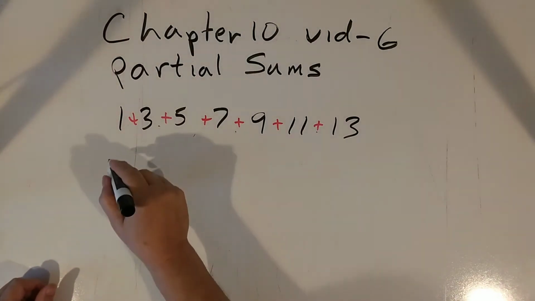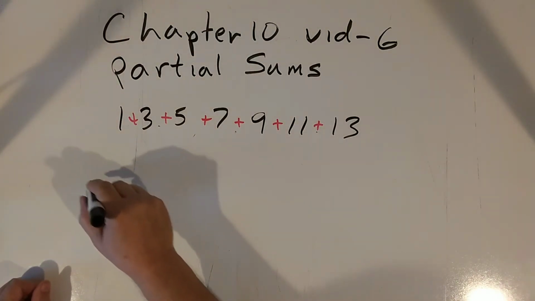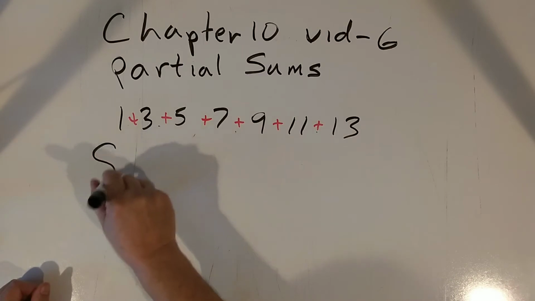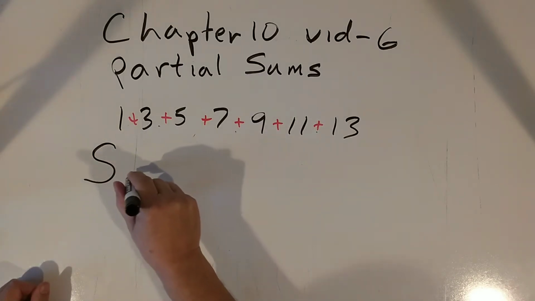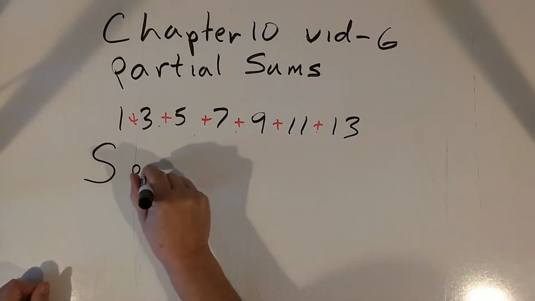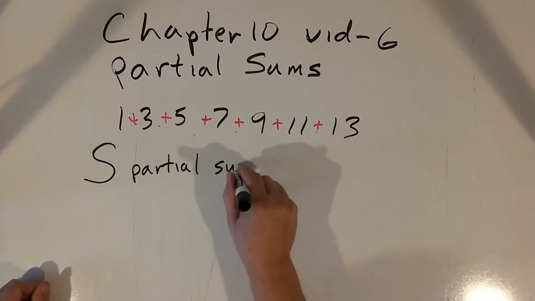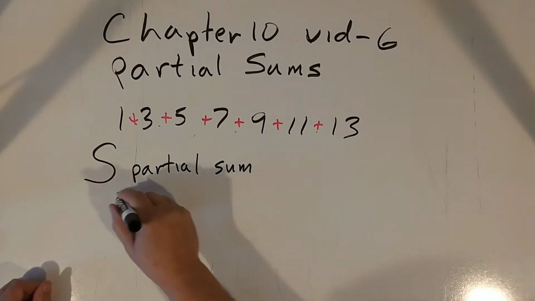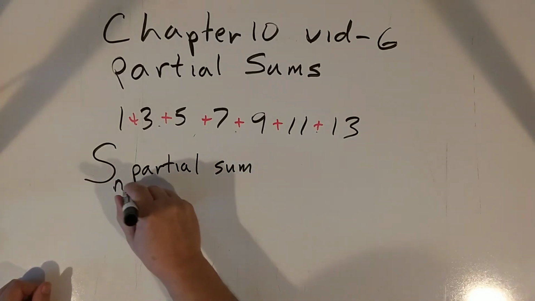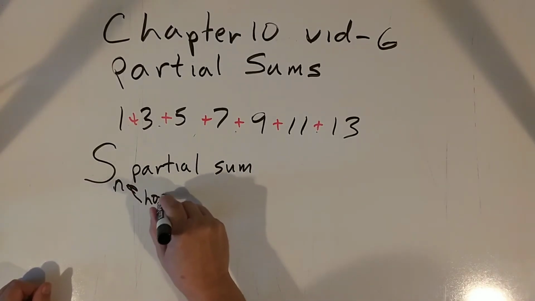So that means a partial sum is represented by a capital S. S means partial sum, and n indicates how many terms.